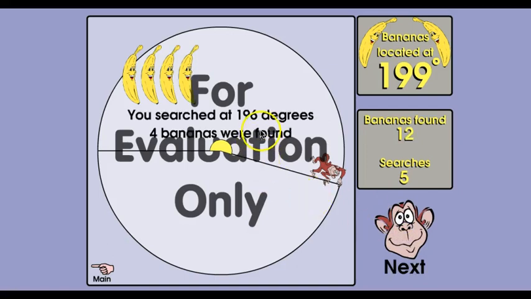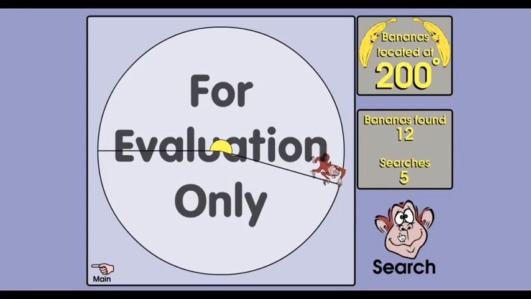And as you can see, I was 3 degrees out. I managed to find 4 bananas. So that was a very good guess using what I know about angles. Let's look at the next puzzle, which is 200 degrees.